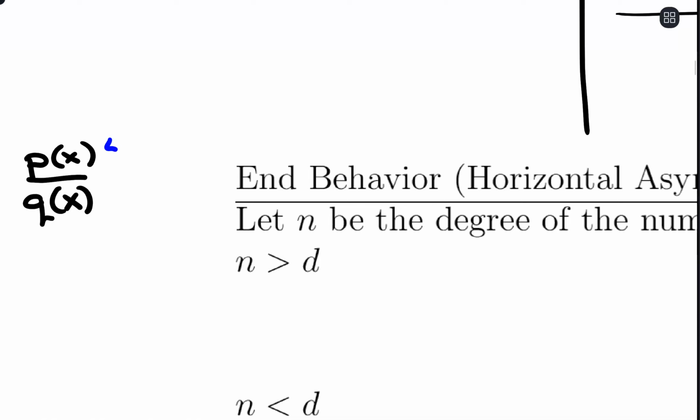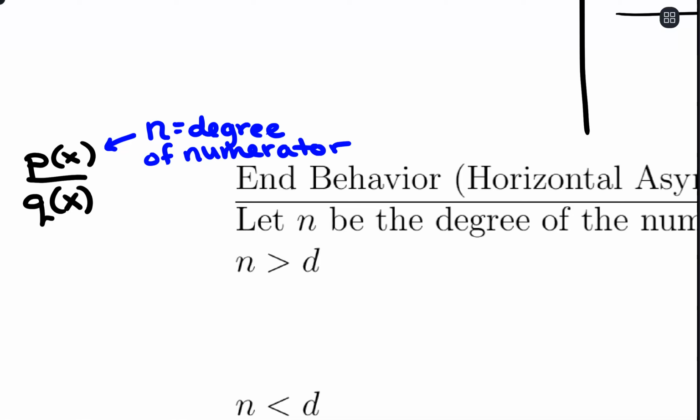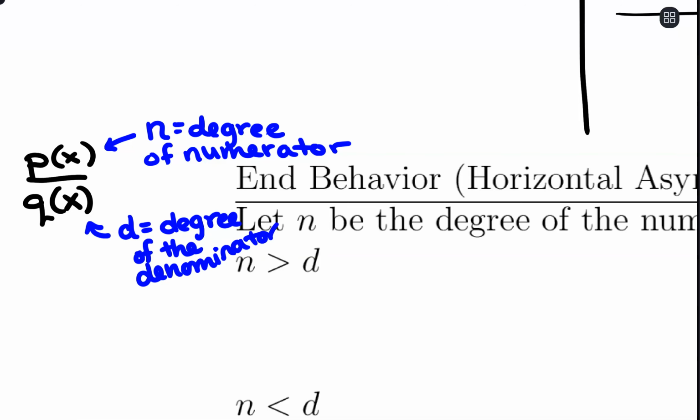So when we look at p of x, we're going to say n is the degree of that polynomial. So that's the degree of the numerator. So we're looking at our exponents and looking for what's the largest exponent. Q of x from the denominator, we're going to use the letter d to represent the degree of the denominator. So whatever polynomial is down there, we're going to look at that degree.